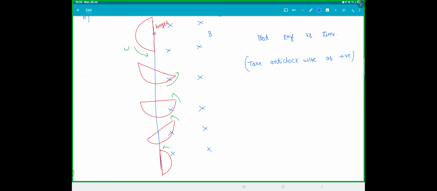So here we have a coil rotating with omega in the plane. Questions clear? Finish off, last one for the day.